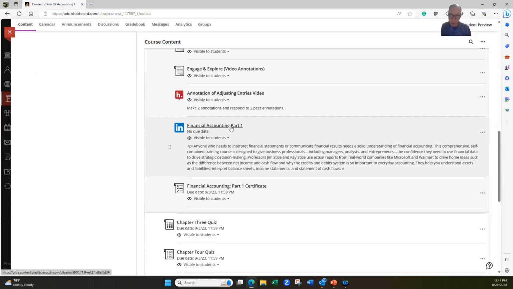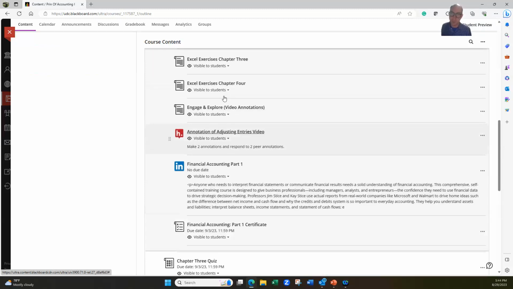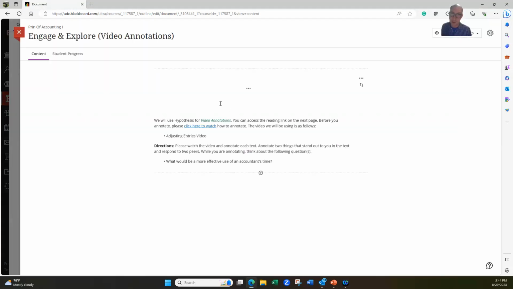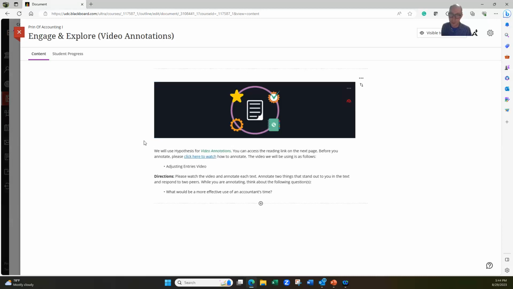So here's the way it works. For the annotations, first I recommend that you take a look at this, which is basically a how-to, how do you annotate something. So you'll watch this very short video, and then you'll jump into the annotations.